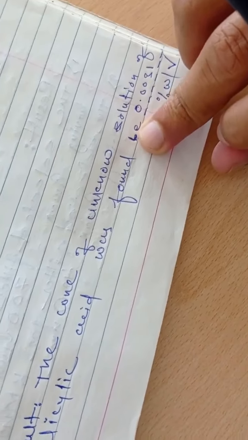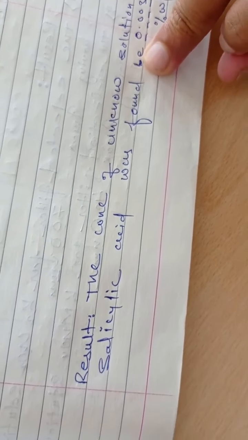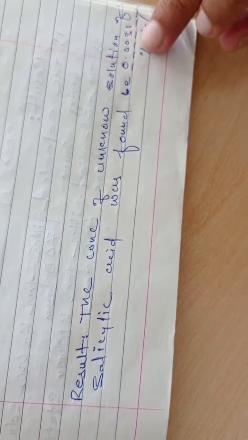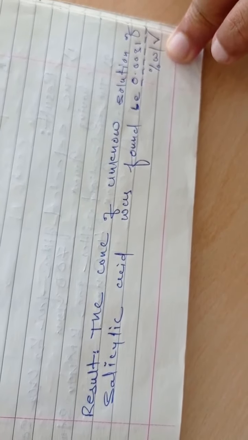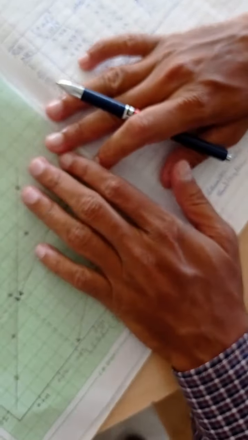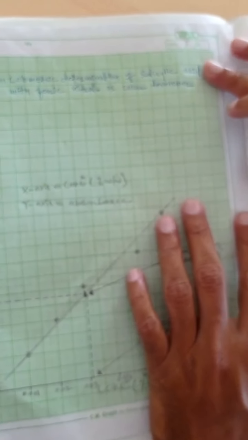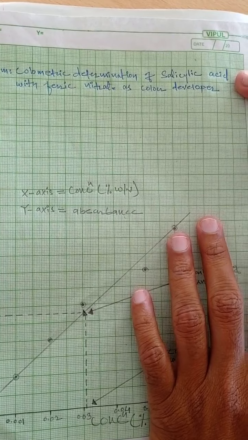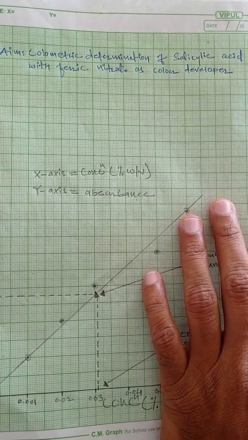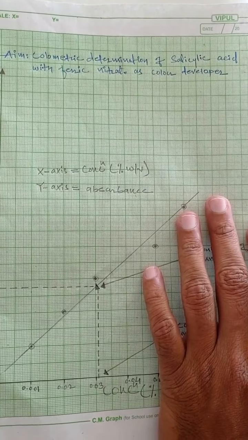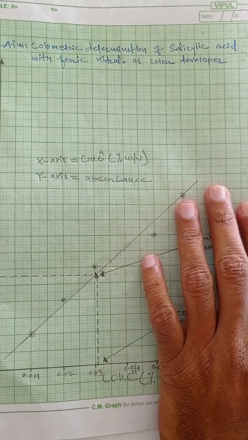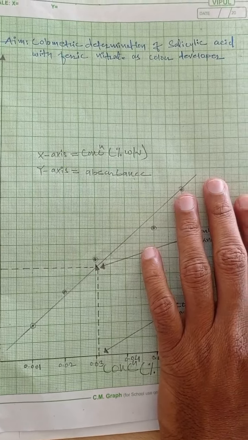The concentration of the unknown solution of salicylic acid was found to be 0.0031% weight by volume. By this method, we have determined the concentration of salicylic acid, as well as the colorimetric method through which we can determine salicylic acid, by developing a purple color.